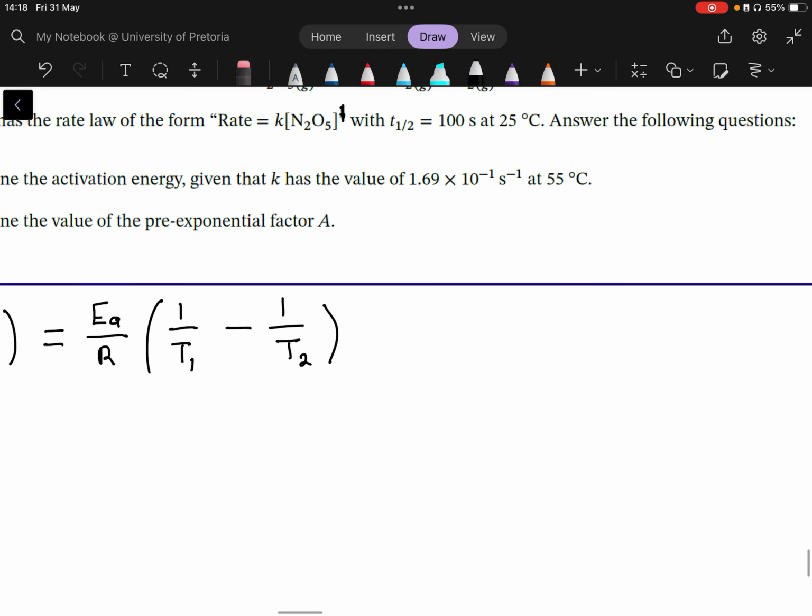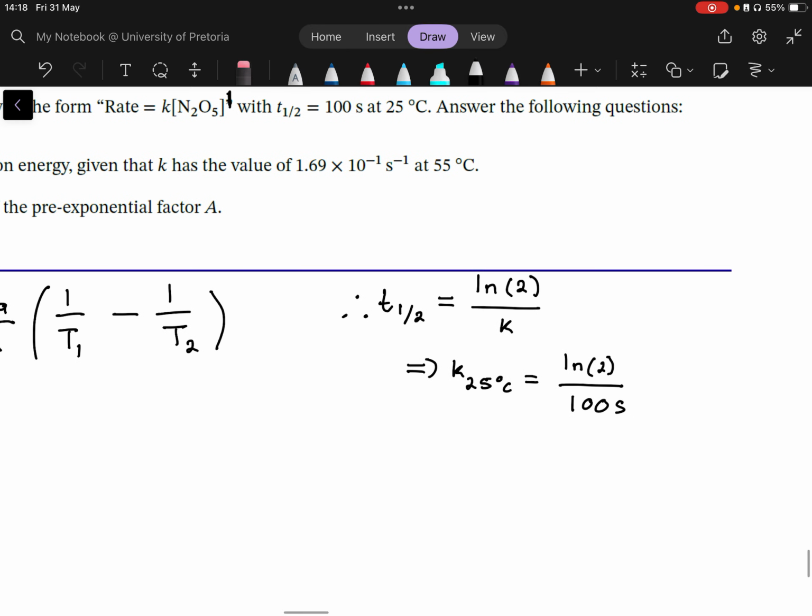So this means the half-life follows the expression t half is equal to ln of 2 divided by k. So that means k at 25 degrees Celsius is going to be equal to ln of 2 over the half-life, which at 25 degrees Celsius is 100 seconds.